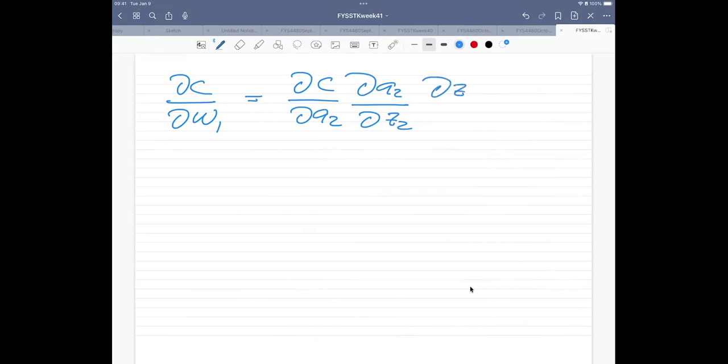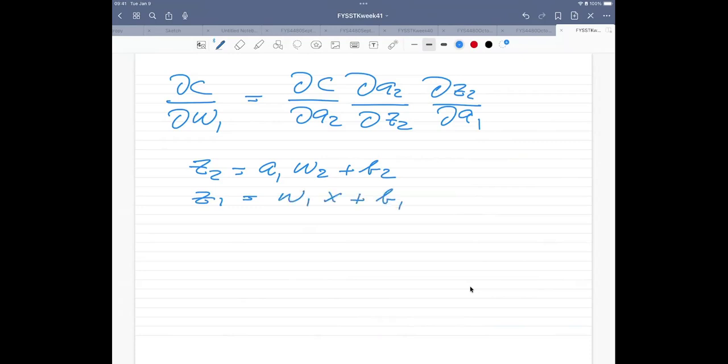We have dC2 with respect to dA1, because C2 here, just to remind you of that one, is actually a function of A1 times W2 plus B2. C1 is given by W1 times X plus B1. So I'm just reusing the chain rule here, and then I have a dA1, a dC1, and finally I have a dC1 of the W1.